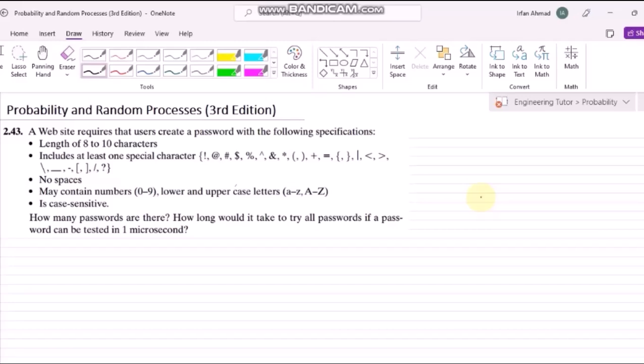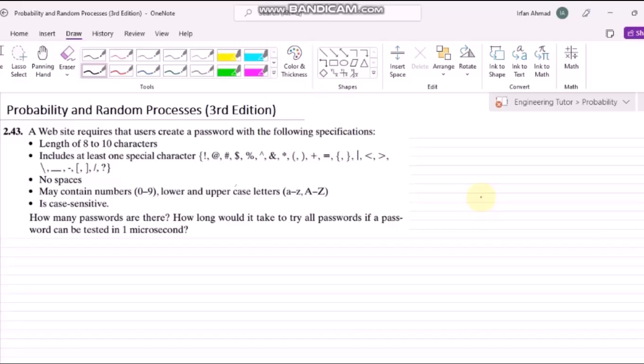So what is it asking us to find? A website requires that users create a password with the following specifications: the password length ranges from 8 to 10 characters. It also includes one of the special characters which are given here. These are basically 1 2 3 4 5 6 7 8 9 10 11 12 13 14.